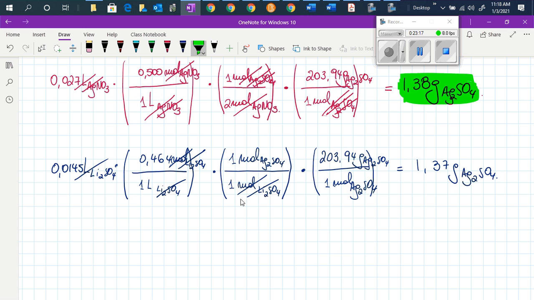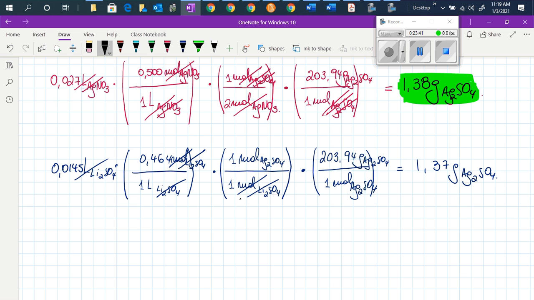The first one is telling you that the amount that is produced is 1.38 grams of silver sulfate. And when you are starting with lithium sulfate, then 1.37 grams of silver sulfate is produced.